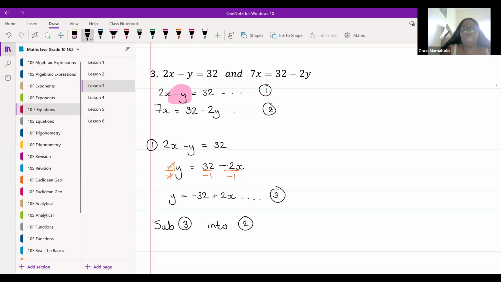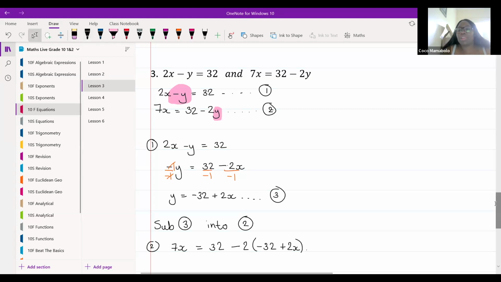So let's write down equation 2. I'm going to get 7x is equal to 32 minus, now there's my y, that's the thing I need to replace with what I have over there. So I'm going to go minus 2 multiplied by my answer for y in equation 3, negative 32 plus 2x.